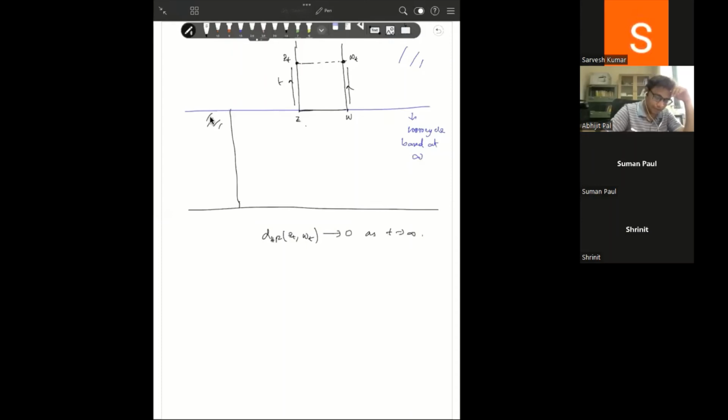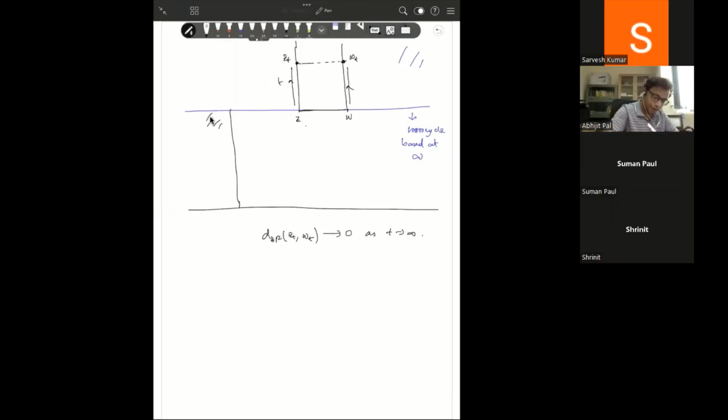You can show this explicitly, maybe in the tutorial time. So if I take any two vertical lines, this distance goes to 0 as t tends to infinity.